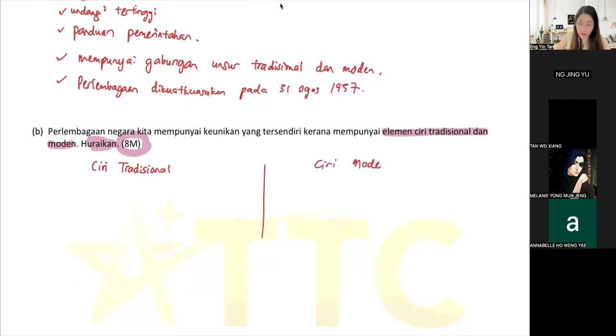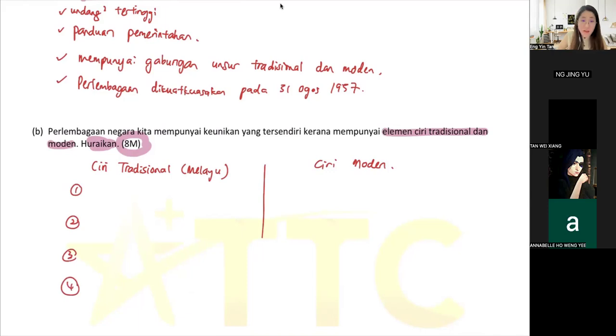Modern, very less only. Not latar belakang. Ciri concepts. Ciri traditional, the Malay culture one, focus on Melayu one. Yes, we have 4. So 1, 2, 3, 4.